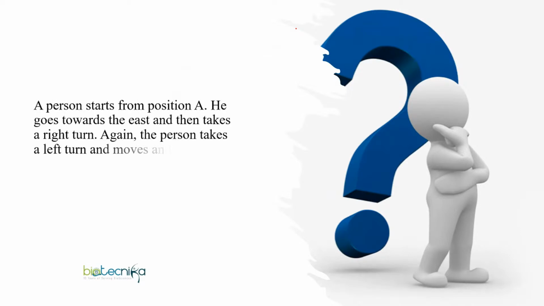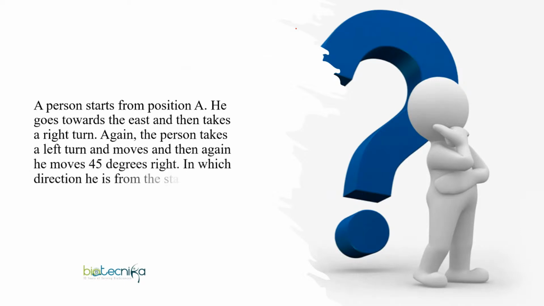Now here, this is one more question which you guys have to solve, and you will not get any options for this. In this question, it says a person starts from position A. He goes towards east and then takes a right turn. Again, the person takes a left turn and moves, and then again he moves 45-degree right.